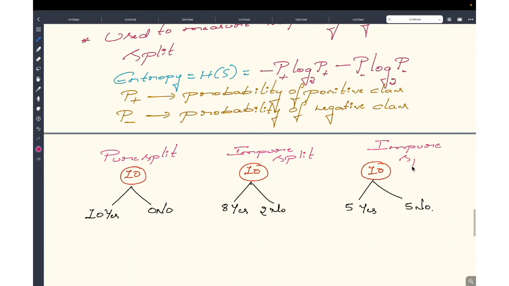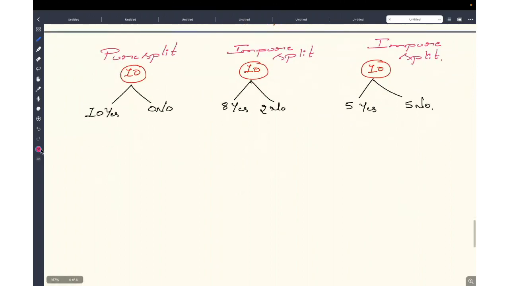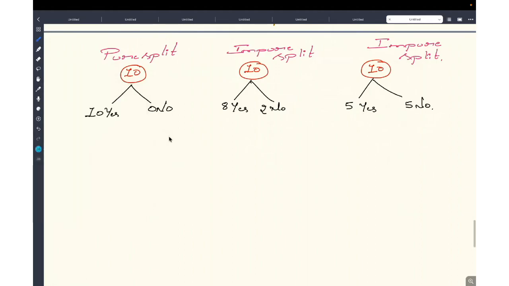Can you guess the entropy? What is the entropy of a pure split? Entropy measures impurity. Do you see any impurity in this? No, so it will be zero. Here, I would say, is high entropy. Coming to this, can you guess the entropy?